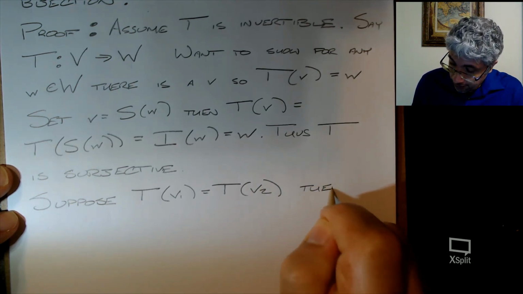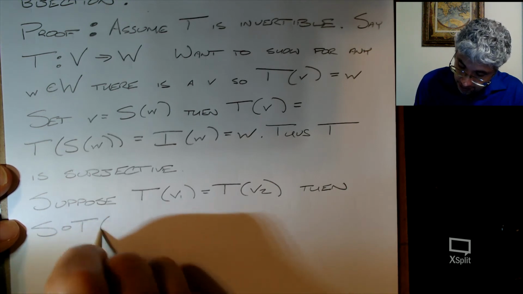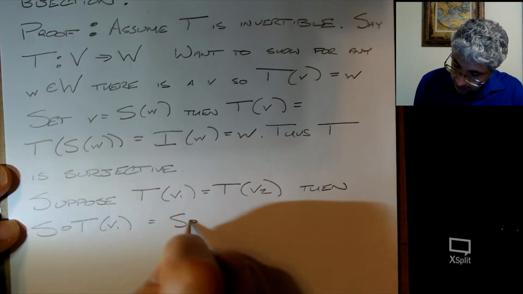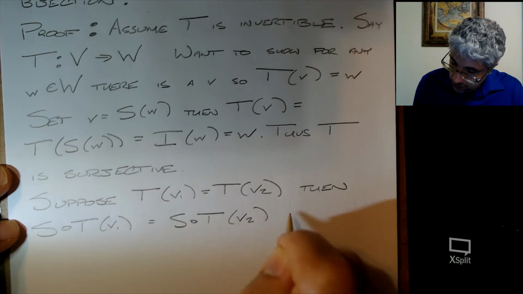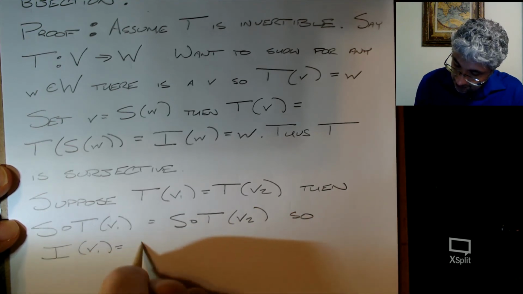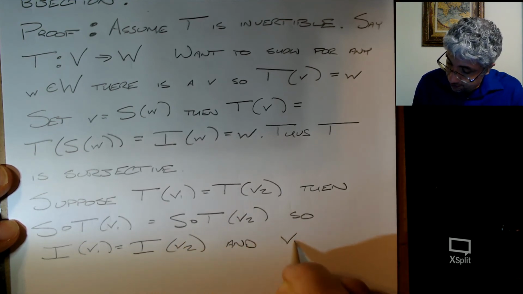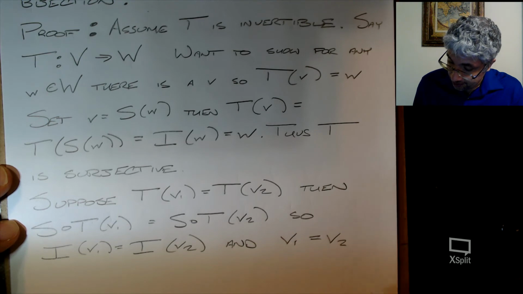Well then I can apply S to both sides since these are the same. So S of T of v1 equals S of T of v2. So I of v1 equals I of v2, and v1 is equal to v2.